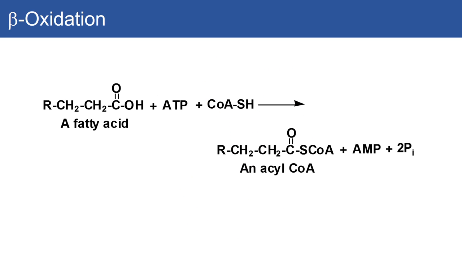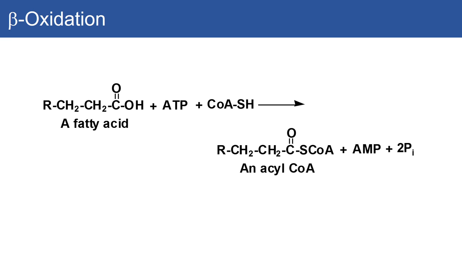The first thing we're going to talk about is the beta oxidation step, which is the fatty acids. This reaction is the first step in this process. In this reaction, the fatty acid is going to be activated by the conversion to an acyl-CoA. Activation is the equivalent of a hydrolysis of 2 high-energy phosphate anhydrides, so it's a very high-energy step.